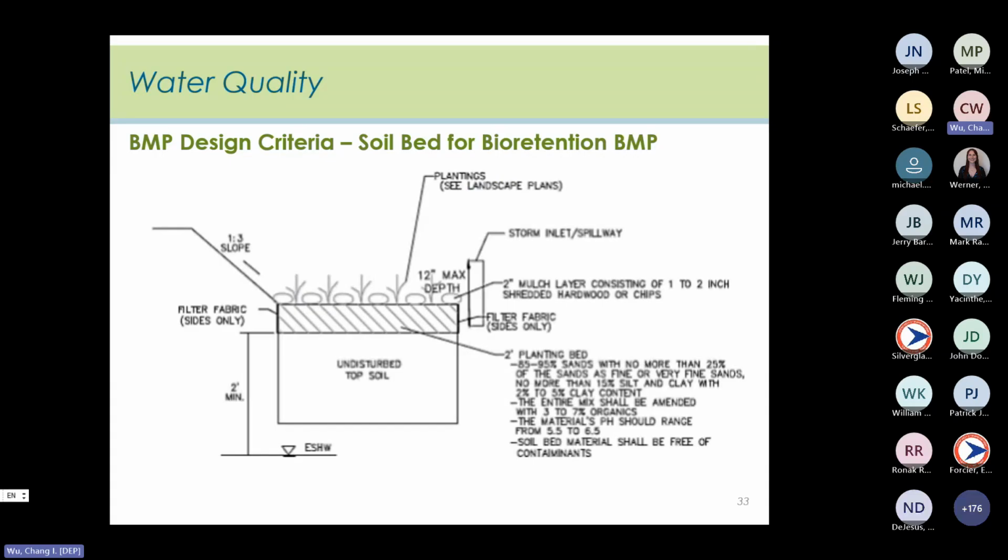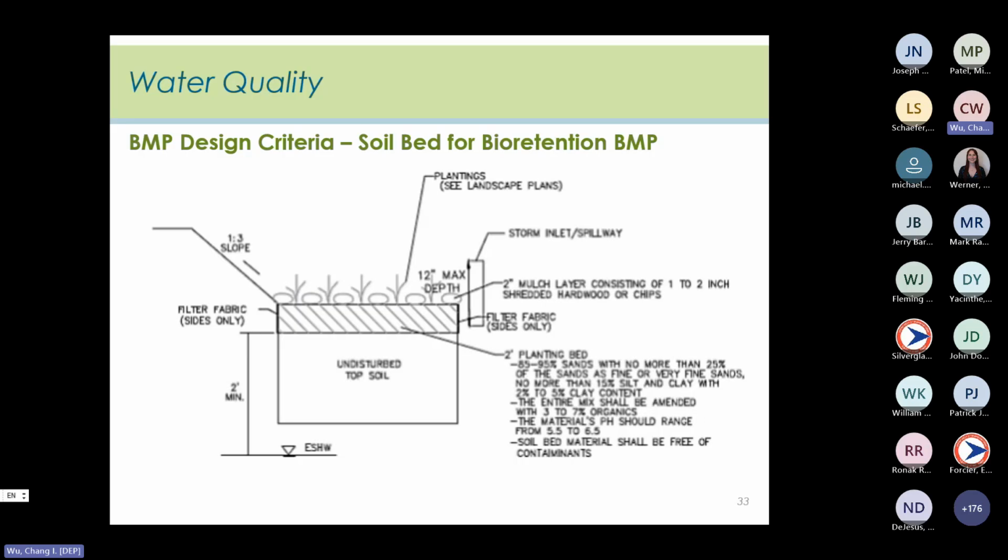So you have to look at the site plan. And in this case, you can see that the site plan notes 2 feet of planting bed soil, and all those meet the requirement stated in the BMP manual.